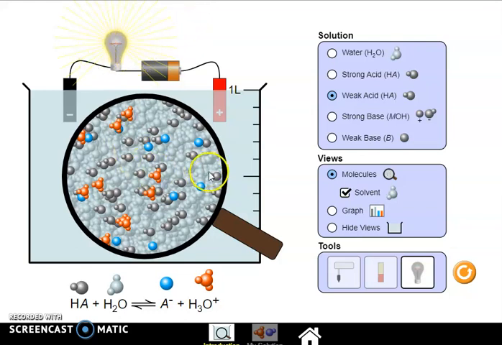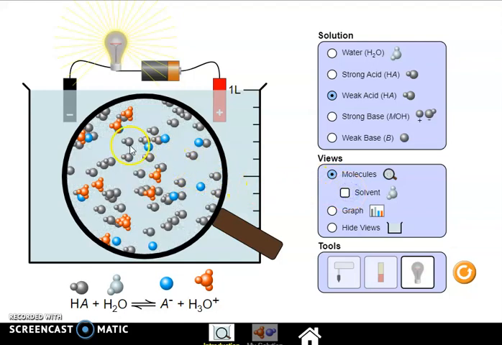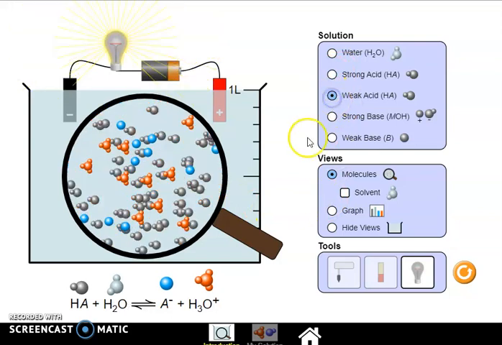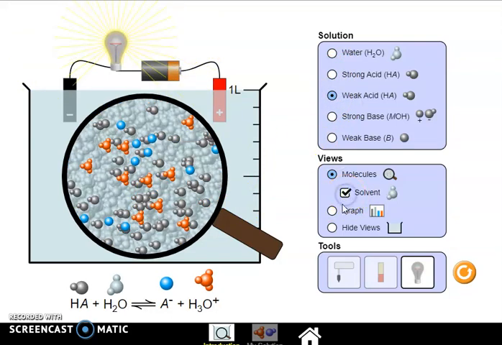So why is that? Well, here I'm going to remove our solvent again. Look at all these acid molecules. It didn't break apart into ions. So this is showing you that there are lots of molecules and ions in here, a mixture of the two. It didn't fully ionize like the strong acid did; the weak acid only partially ionized.